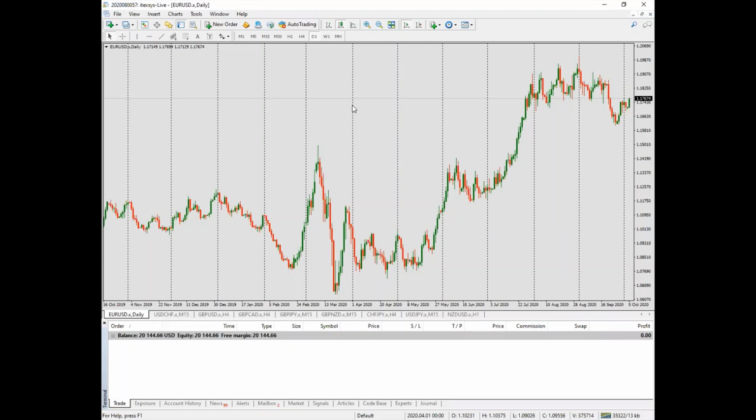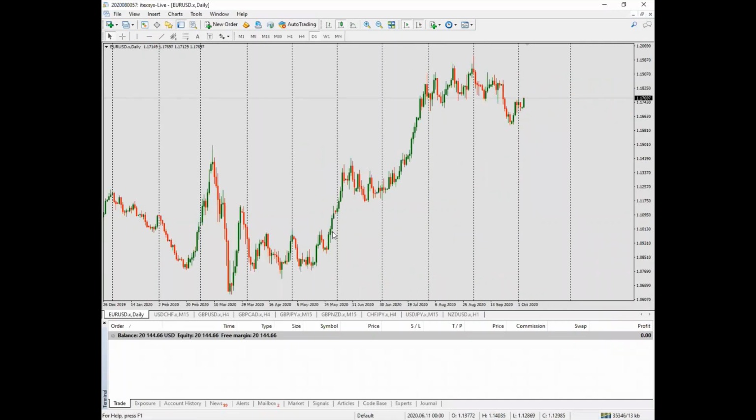So this is the daily chart for the euro dollar. As we can see, after this significant uptrend from the left, it seems that at the moment the price has gotten inside the bearish zone, after this drop down and after the price broke the last low of the previous uptrend.